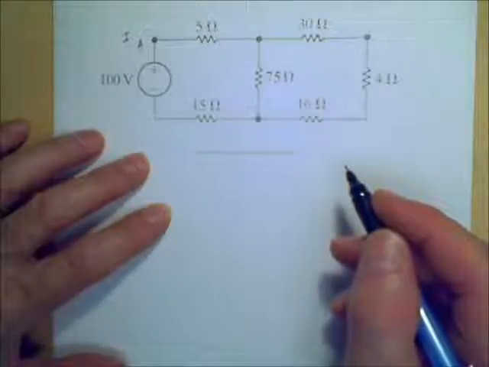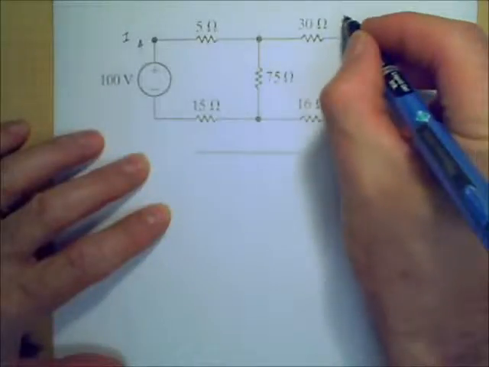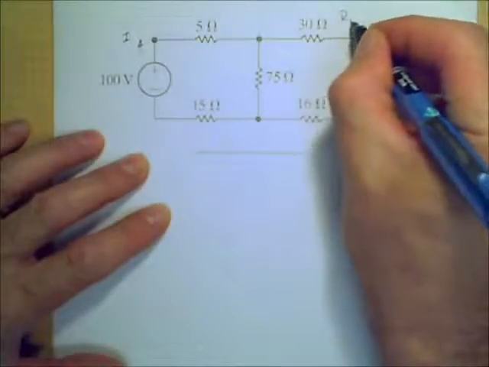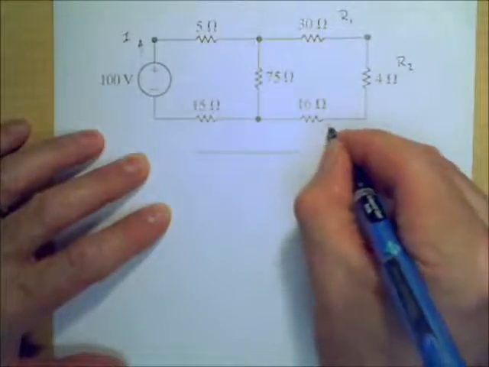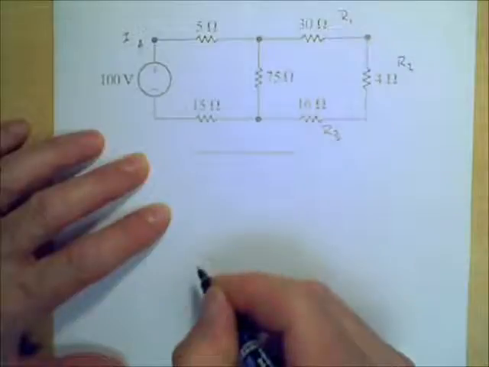Starting at the rightmost side, we'll see that R1, R2, and R3 are in series.